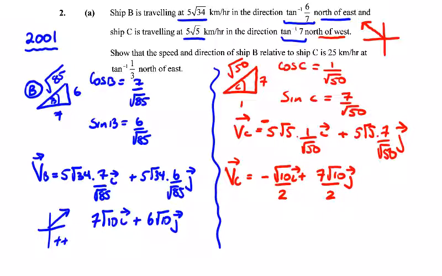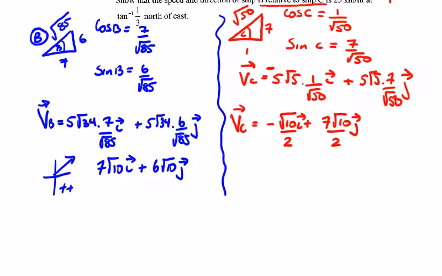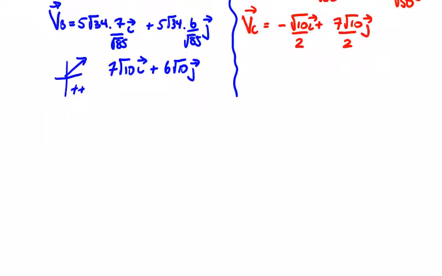So we're asked to show the speed and direction of B relative to C. So the velocity of B relative to C. Let's have a look at that. The velocity of B relative to C, you all know from practice, is the velocity of B minus the velocity of C. If you don't, you're probably not looking at this video.